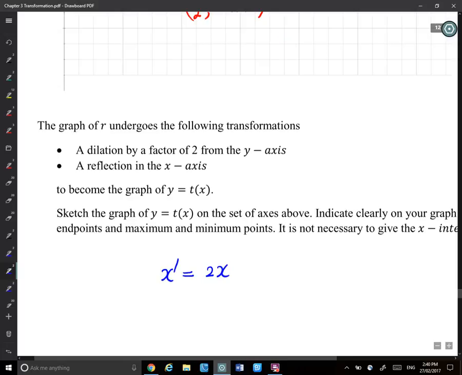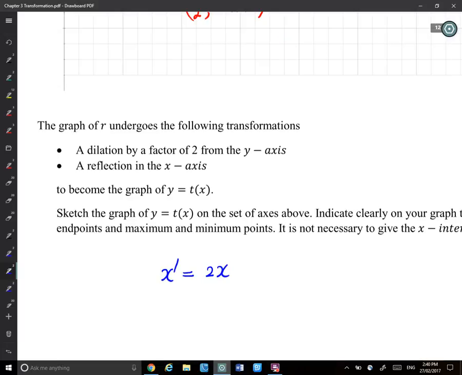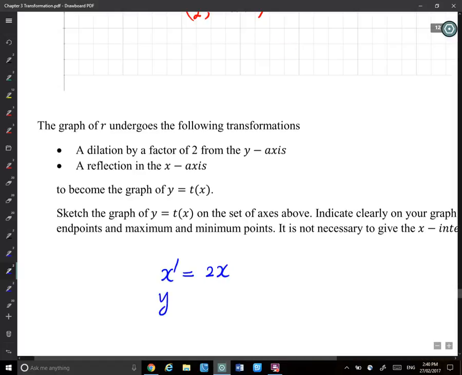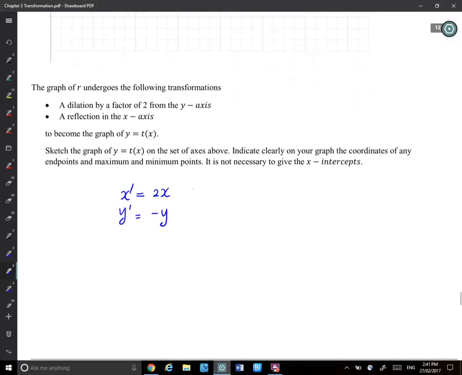The new x will equal 2 times the original x. A reflection in the x-axis is changing the y value, so y dash equals minus y. That gives me x dash will be 2x and y dash will become negative y.